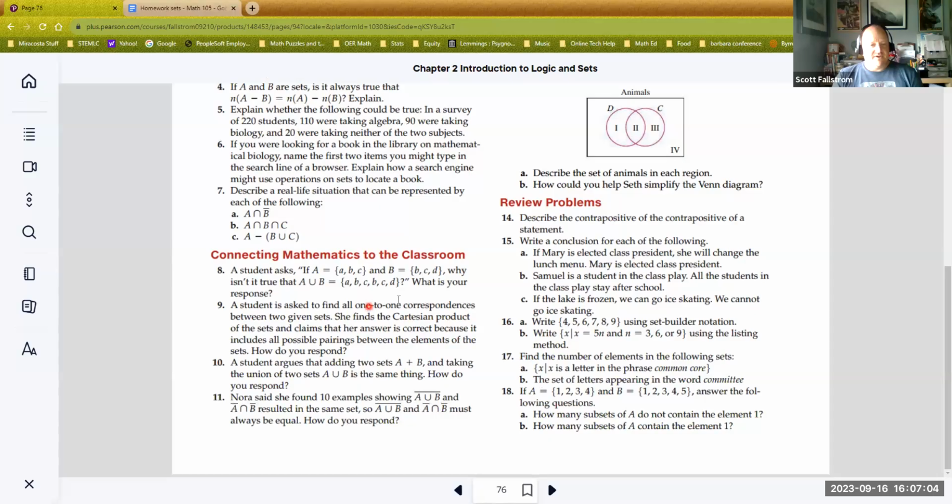Question 9, a student's trying to find all the one-to-one correspondences. Well, we know how to do that. And they took the Cartesian product of the sets and claimed the answer is correct because it's all the possible pairings. So take a look, make an example perhaps to show the student, oh, okay, I see what you're doing, right? And then say to the student, let's see here, what's correct about it? Well, this is all of the possible pairings, but is that set a one-to-one correspondence?